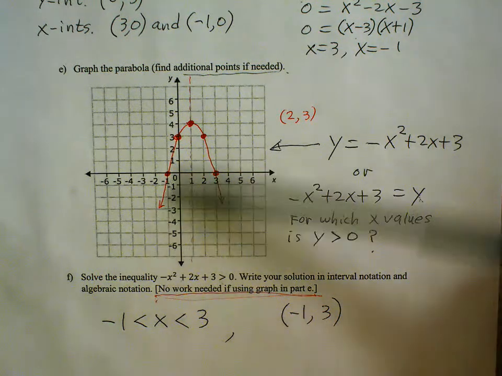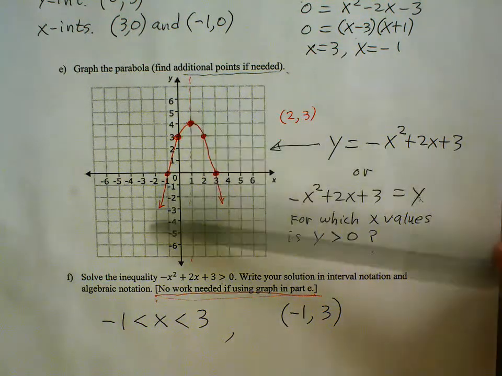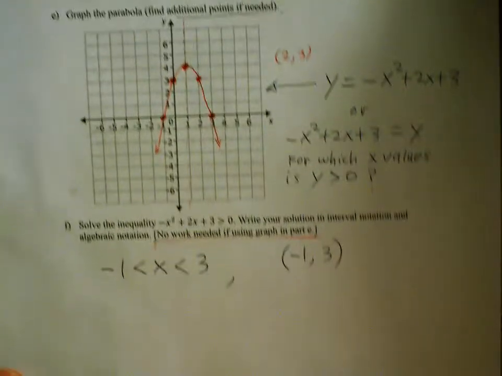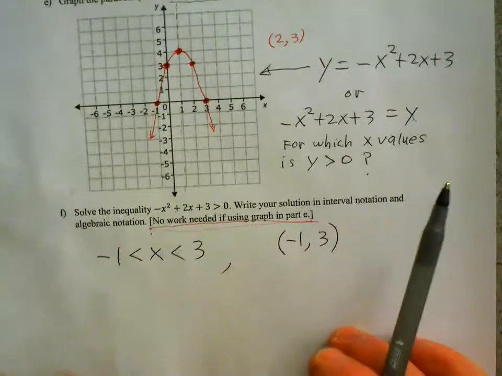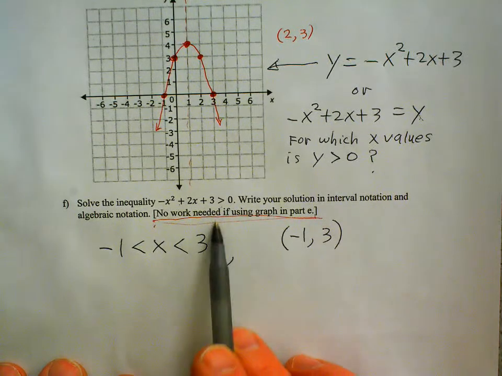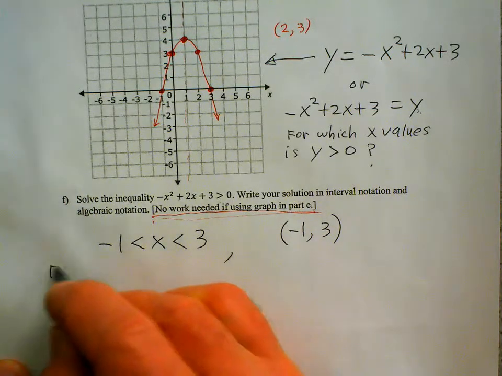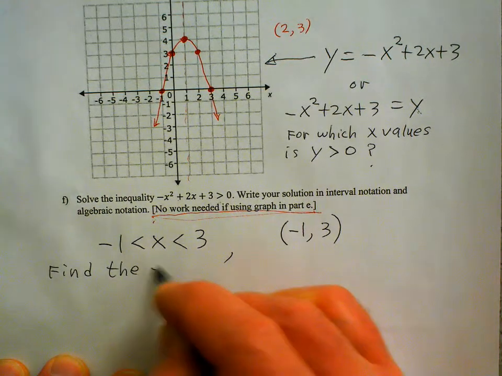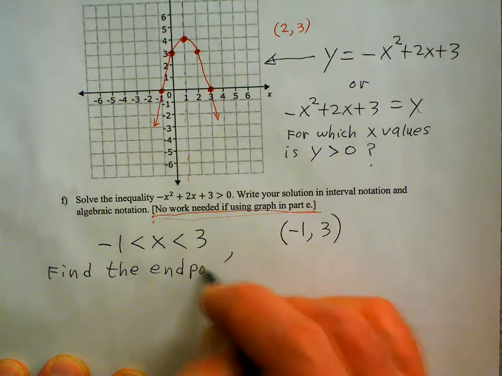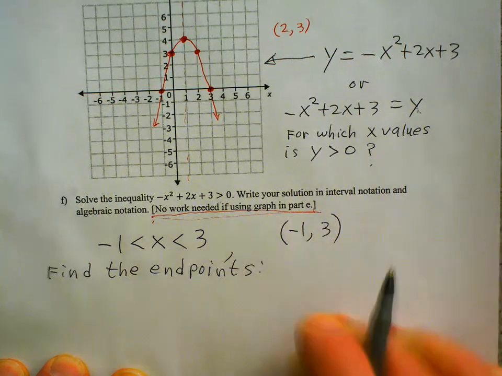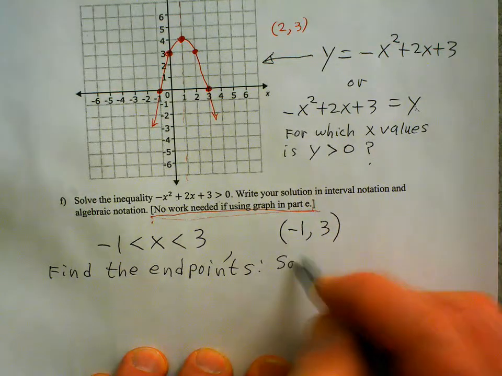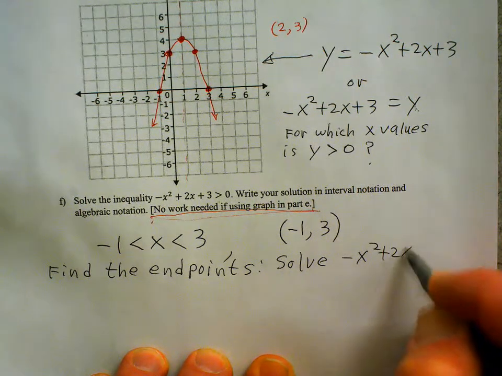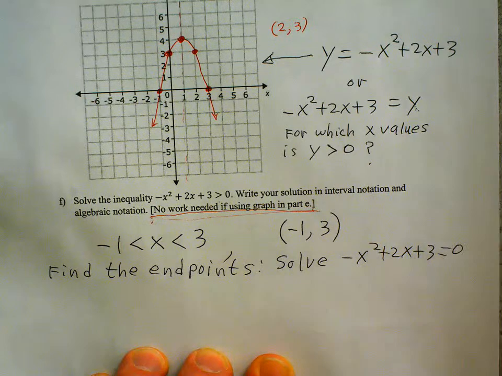Okay, if that doesn't make sense to you, then you can solve the inequality the regular way. Find the endpoints by solving the equation, negative x squared plus 2x plus 3 equals 0.